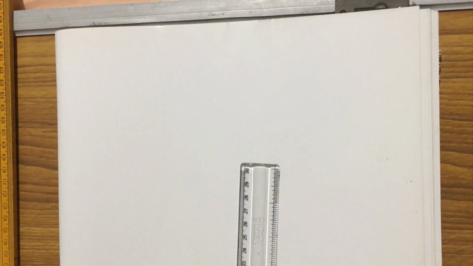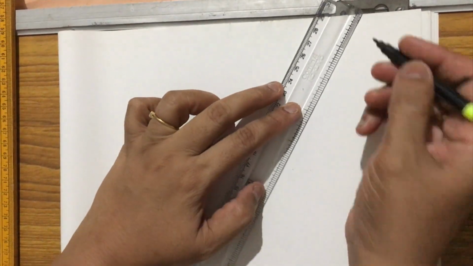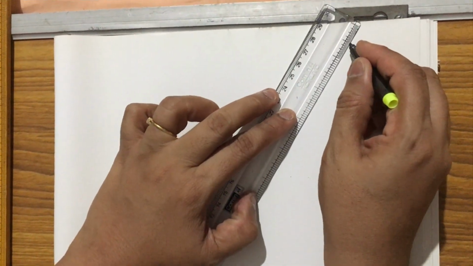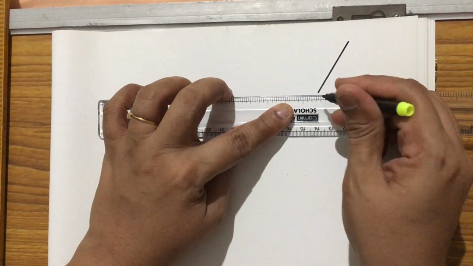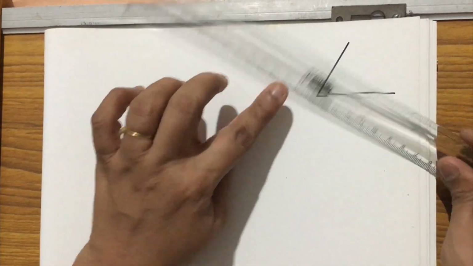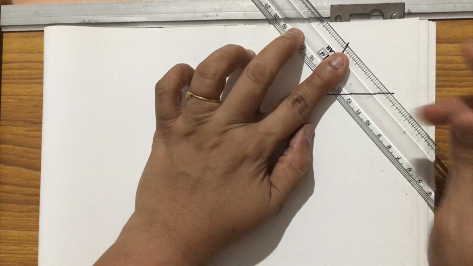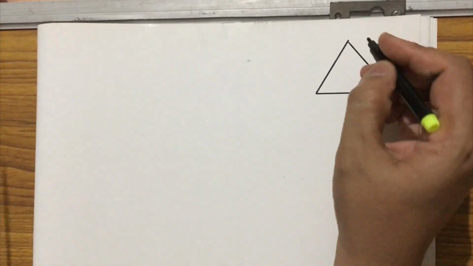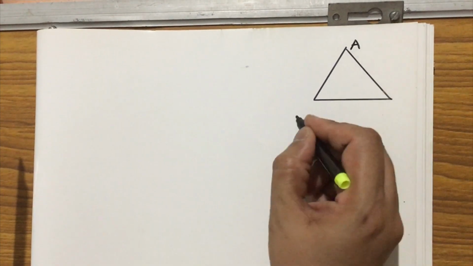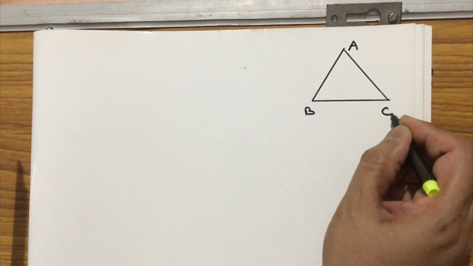Okay, let us take a triangle ABC. Name the triangle as ABC.